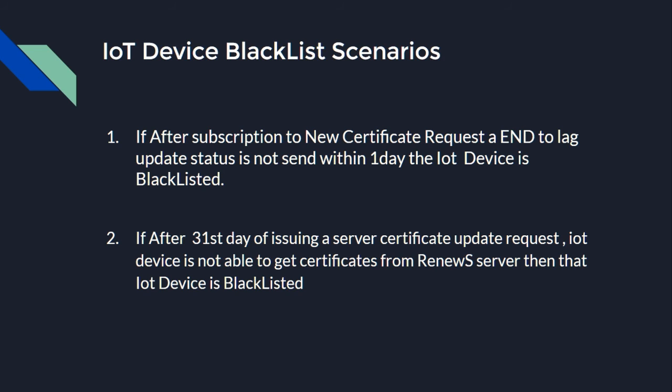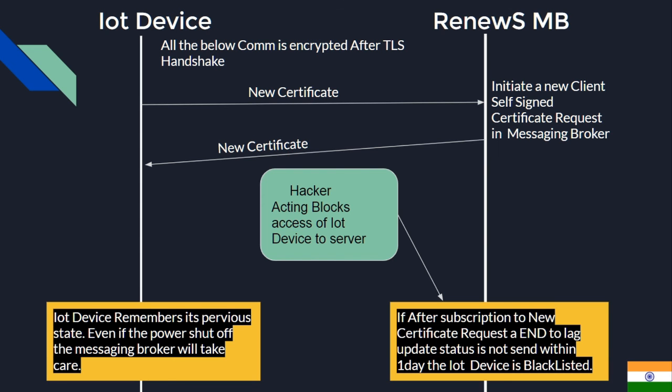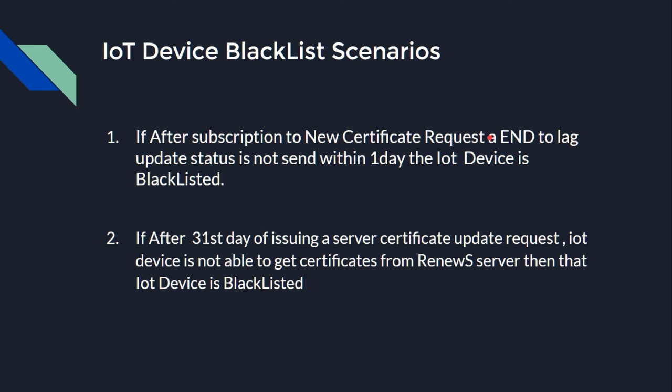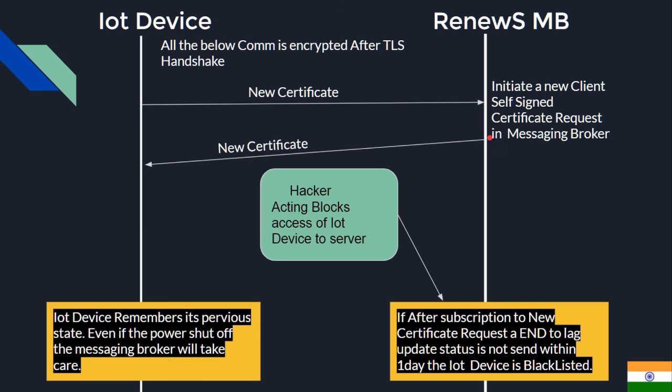If after the 31st day of issuing a certificate update request, the IoT device is not able to get a certificate from the Renew server, then that IoT device is blacklisted, which means that if a request has been sent and still the IoT device is not able to update the certificate, then it means that some hacker is blocking this certificate to this IoT device.